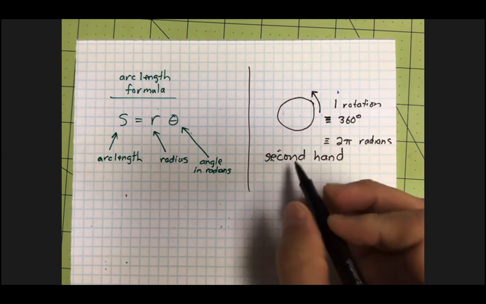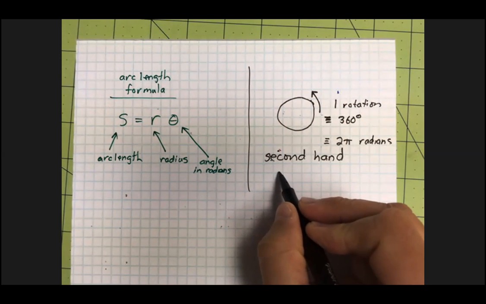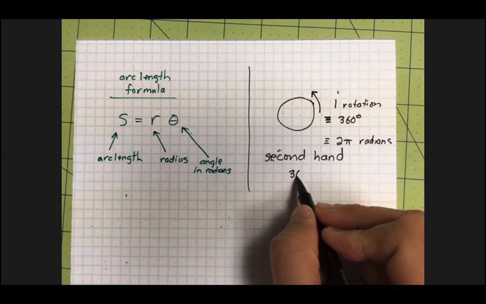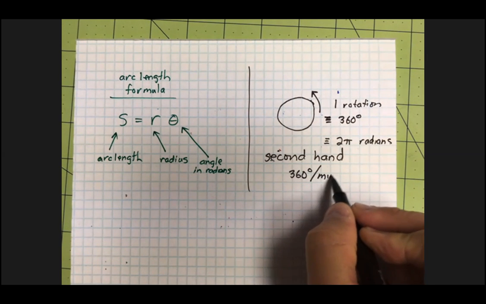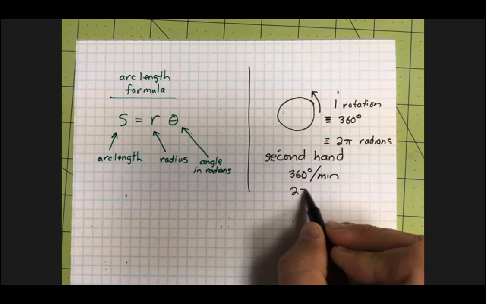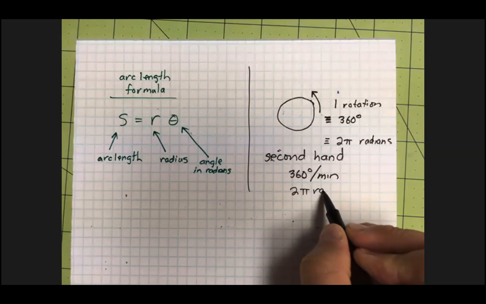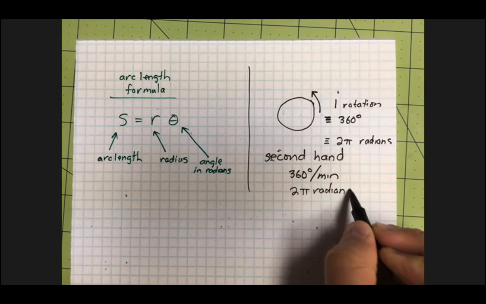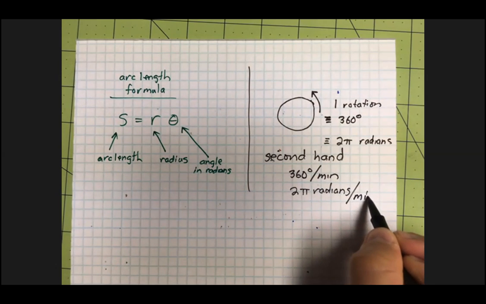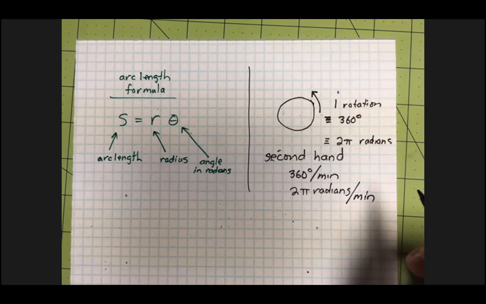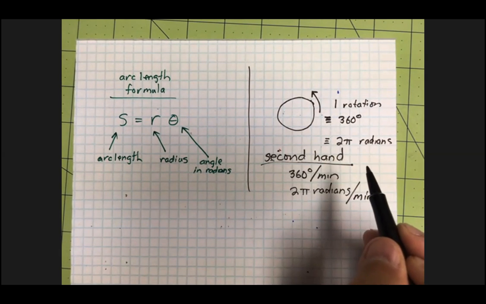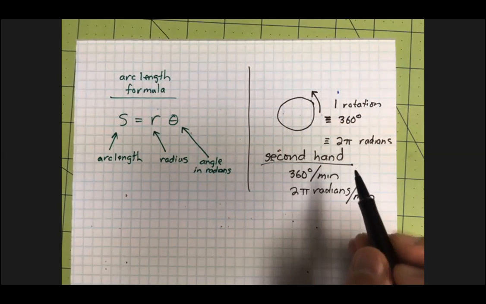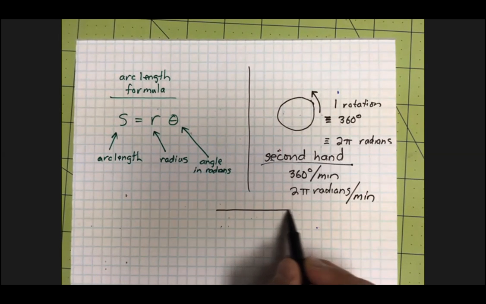So the second hand on your watch is moving 360 degrees per minute, or 2 pi radians per minute. That's a measure of the speed that the second hand is moving. It tells you how fast it's moving, but it's not moving in a straight line like you and I would run.